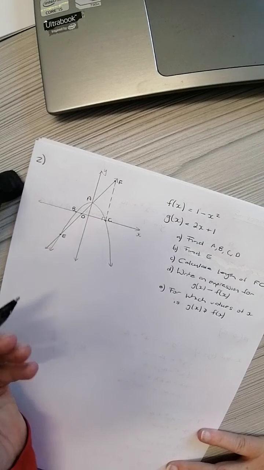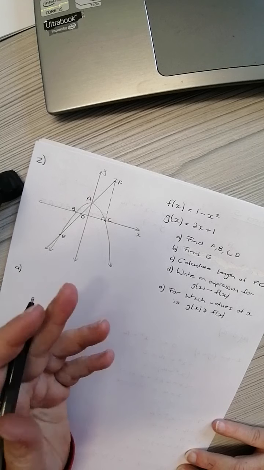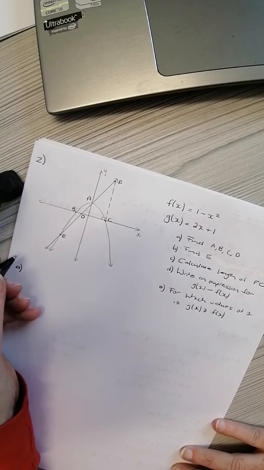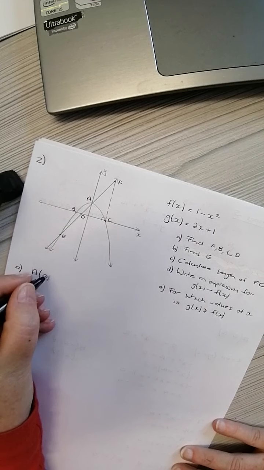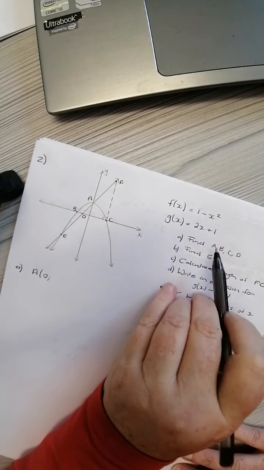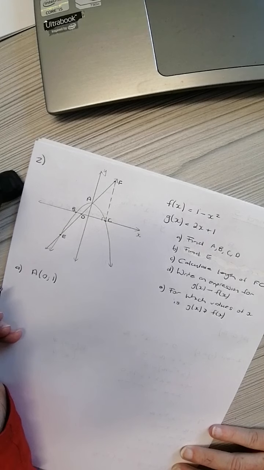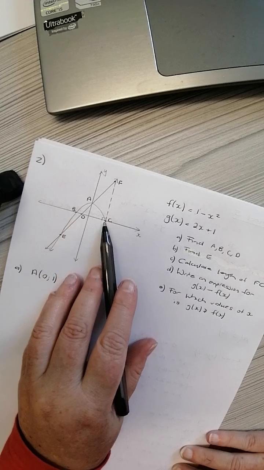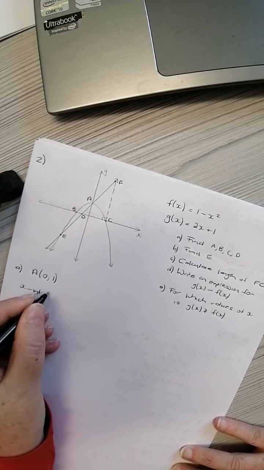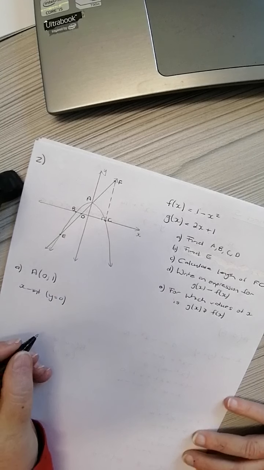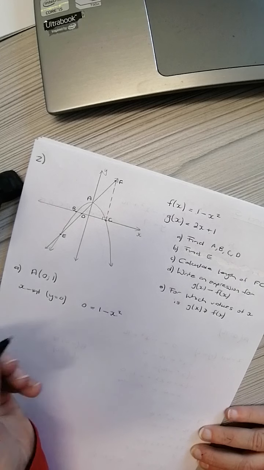A is your y-intercept of your parabola, as well as of the straight line. So A is x is 0, y is 1. Can you see there's 1 there and 1 there, so they agree. Then B and C are your x-intercepts. To get x-intercept, you make y equal to 0. So you've got 0 equal to 1 minus x squared.